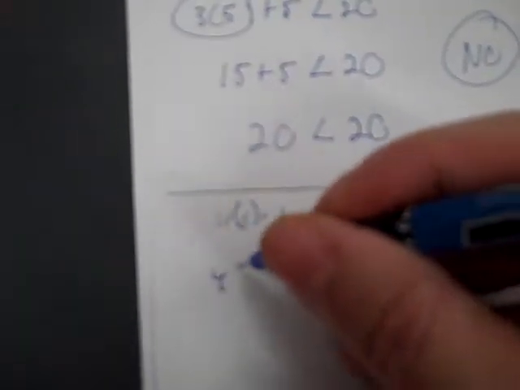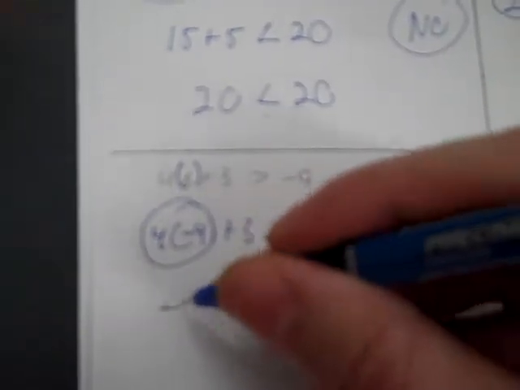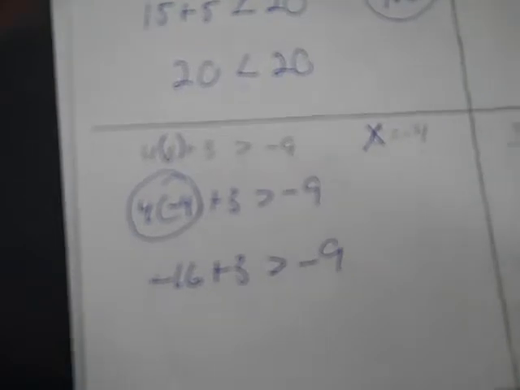Okay, 4 times x plus 3 is greater than -9. I don't know why that says c, it should say x. So we replace our x with the -4. So I find the product of 4 and -4, and that's -16 plus 3 is greater than -9.